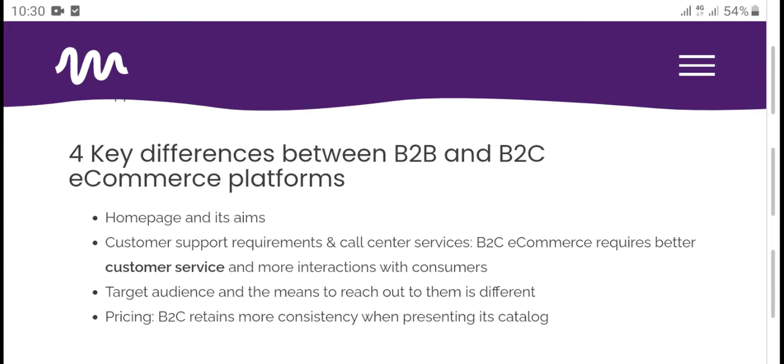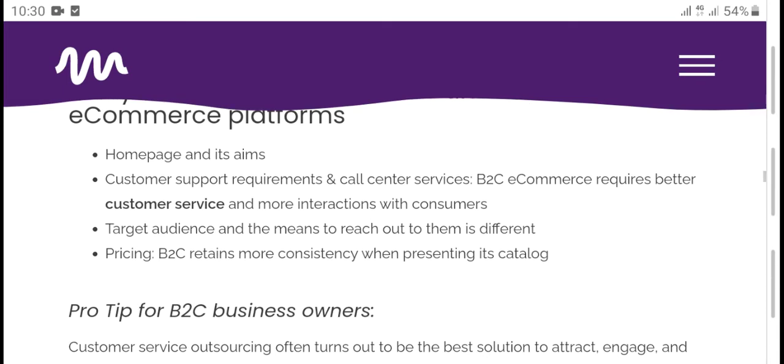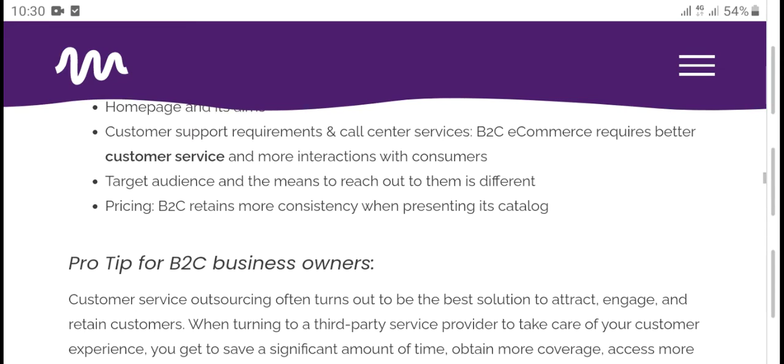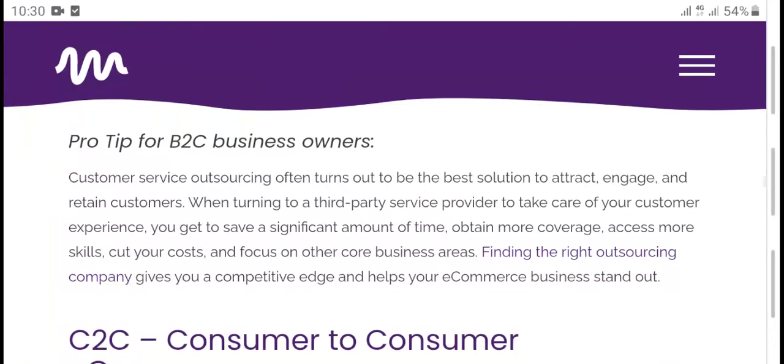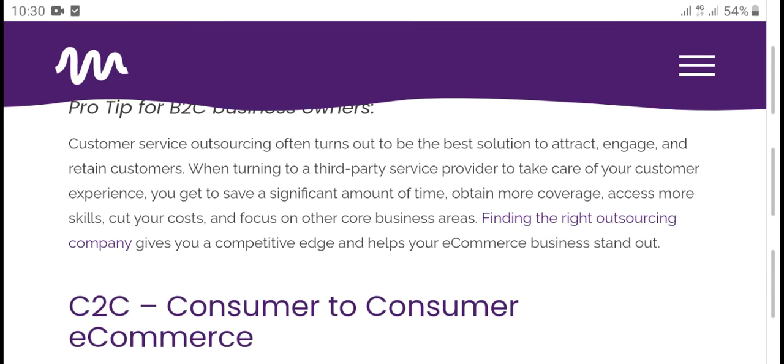E-commerce and call center serving B2C required better customer service and increased with customer target audience. Pro tip for B2C business owners: customer service outsourcing often turns out the best solution for retaining customers.